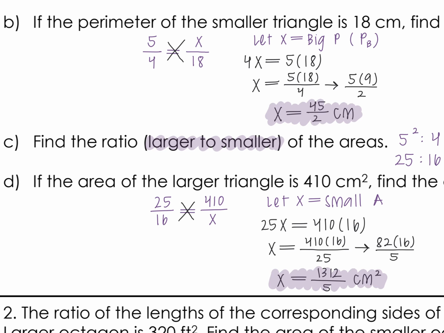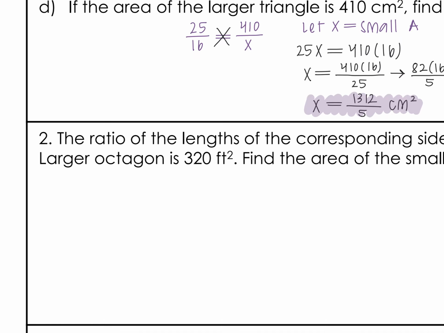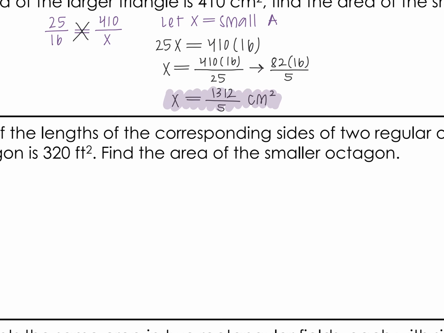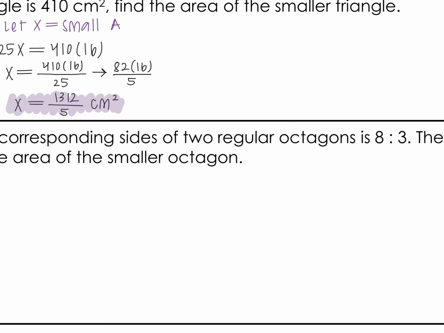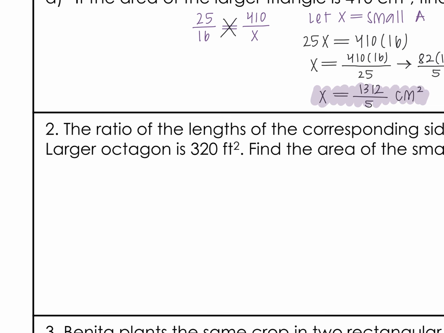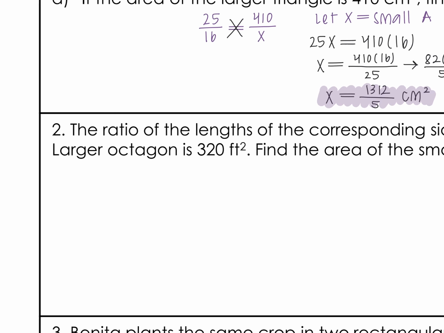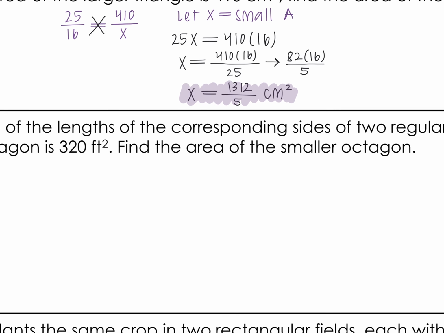All right, let's move on to number 2. Number 2, the ratio of the lengths of the corresponding sides of two regular octagons is going to be 8:3. The area of the larger octagon is going to be 320 feet squared. We're going to find the area of the smaller octagon. So once again, since we are finding the area, I need to deal with the area ratio.